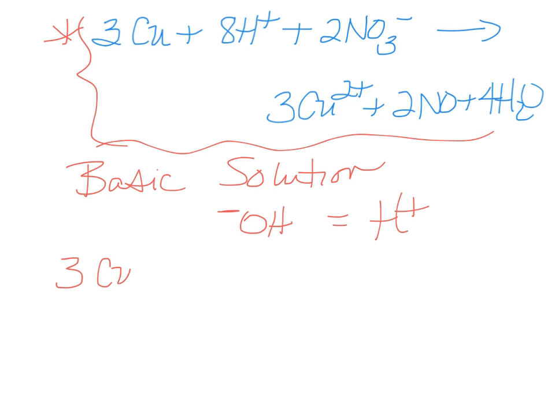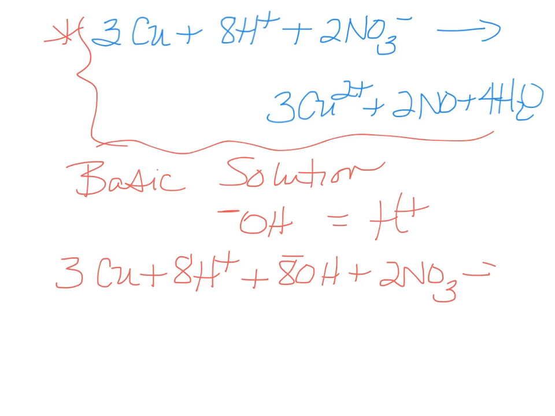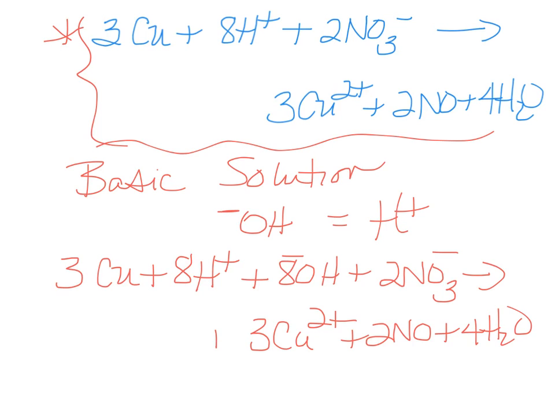You start rewriting the equation, and whenever you see H plus, you add the same number of OH minus. However, you have to do that to both sides of the equation. We're running out of room here.